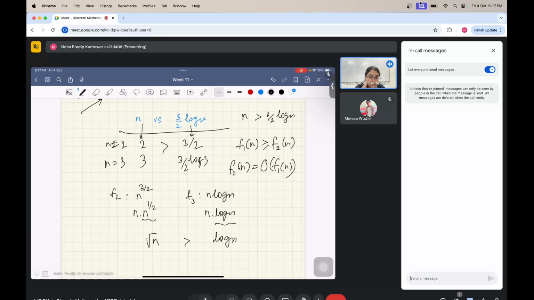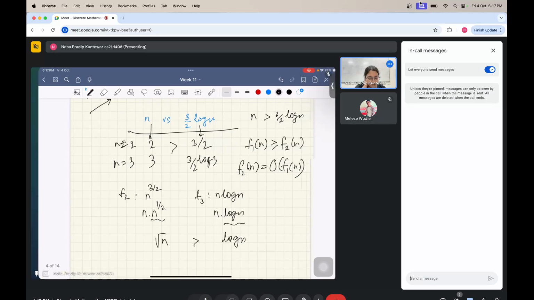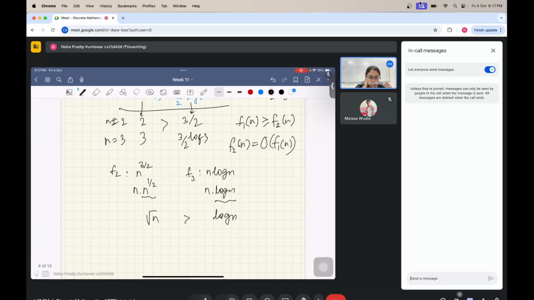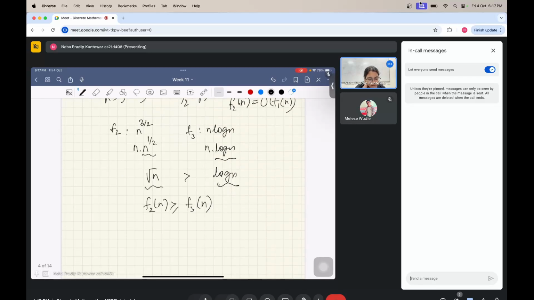This is also something that you can see by simple plotting or by taking a limit. So since this is larger, you know that f2 of n is greater than f3 of n, or asymptotically f3 of n is order f2 of n.